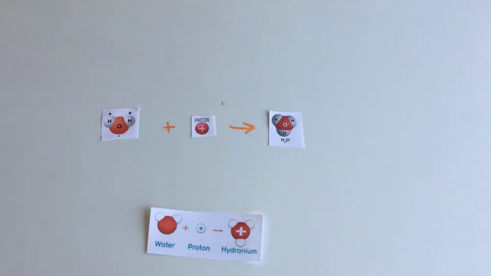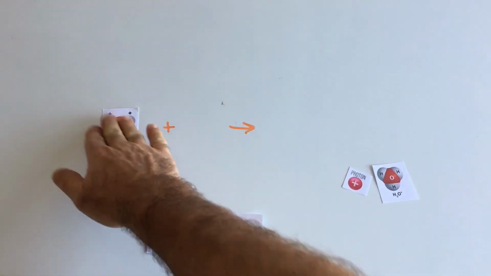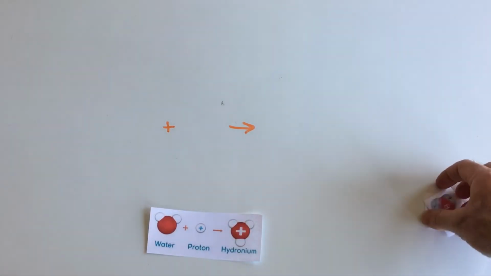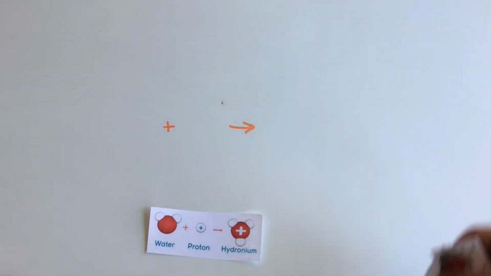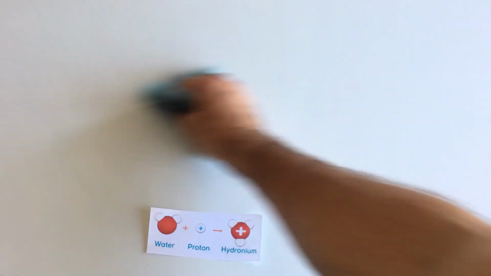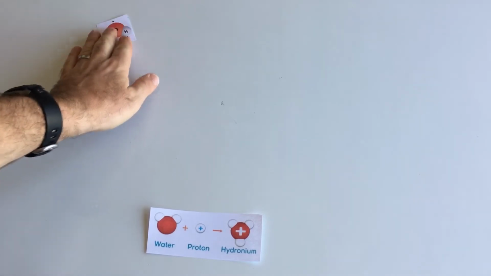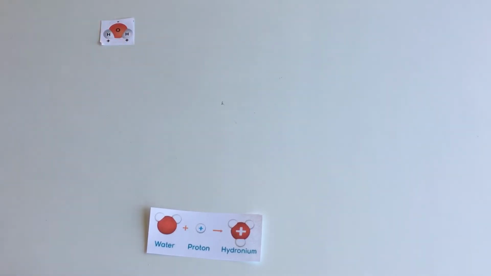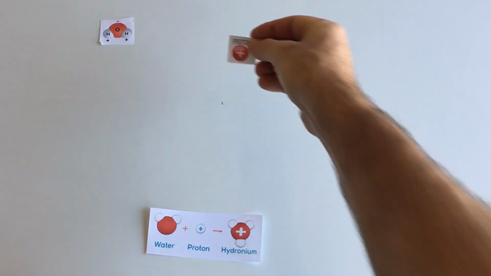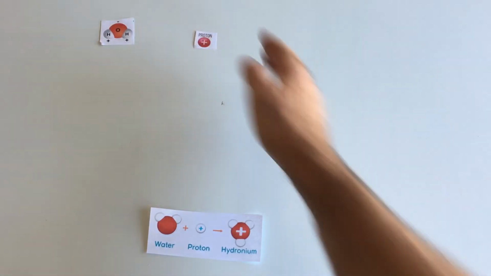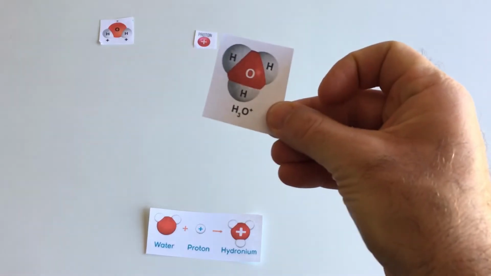And this is where it gets kind of annoying. What we should say is if you add a proton to water, you get hydronium, right? If you take water and you add a single proton, you get hydronium.